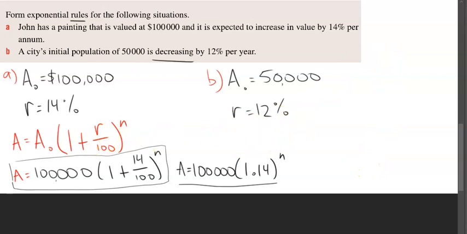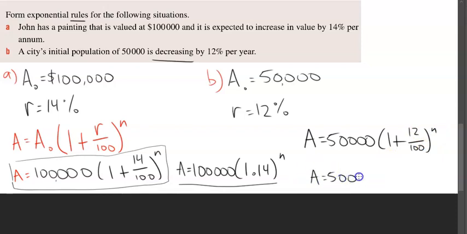Again, the rule, I'll just copy this one here. A is equal to what our initial is, 1 plus 12 over 100 to the power of n, or if you want to make sure that it's the same at the back of the book. Now, I've just made a mistake because I'm so used to exponential growth. This is a decay, so we have to use a minus, not a plus.